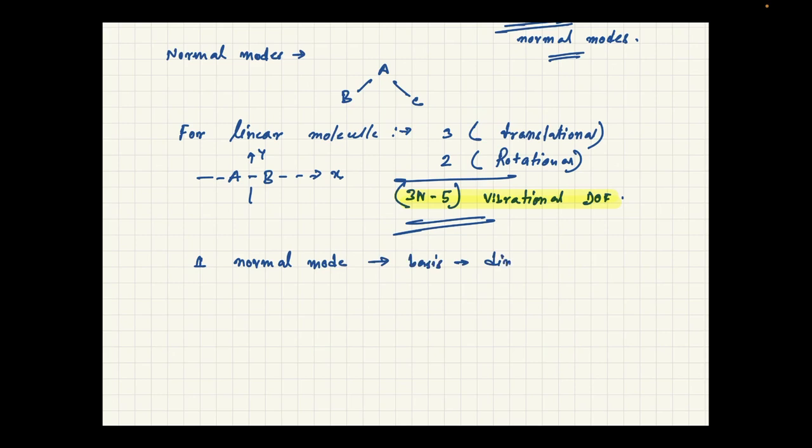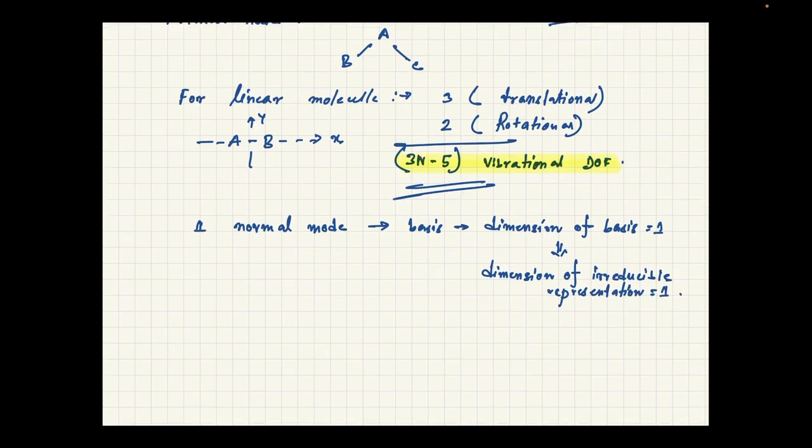So the dimension of the basis will be 1, and that's why the dimension of the irreducible representation will be 1. It will be like A or B, A prime, A double prime, B prime, B double prime, like this.